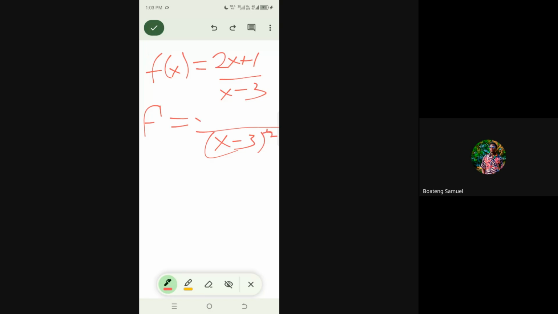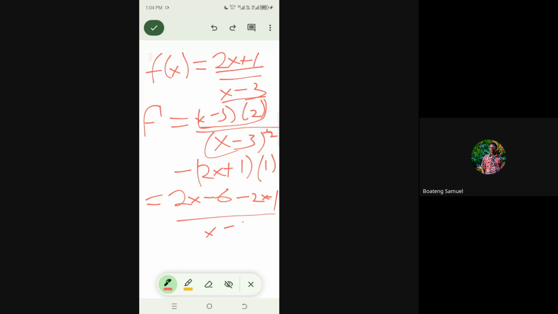We leave x minus 3 and differentiate the top, which gives us 2, minus, you leave 2x plus 1 and differentiate what is at the bottom, you get 1. So we have 2x minus 6 minus 2x minus 1, all over x minus 3 all squared.